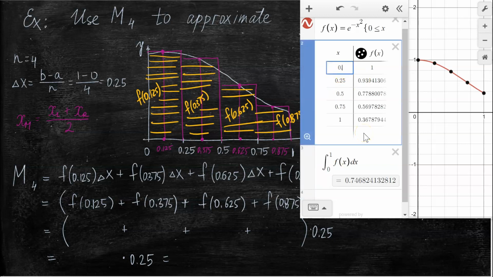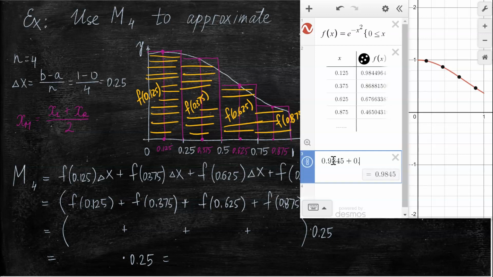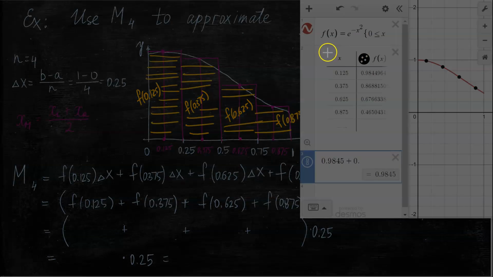Remember, we're still dealing with the same function, so I'm just going to update these inputs. And I'm going to add all these numbers, 0.9845 plus... Actually, let's bring this over here first.